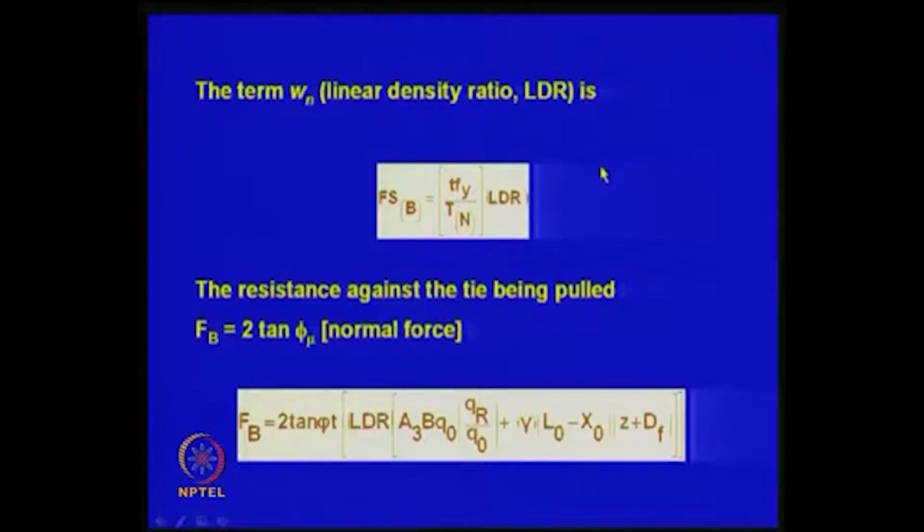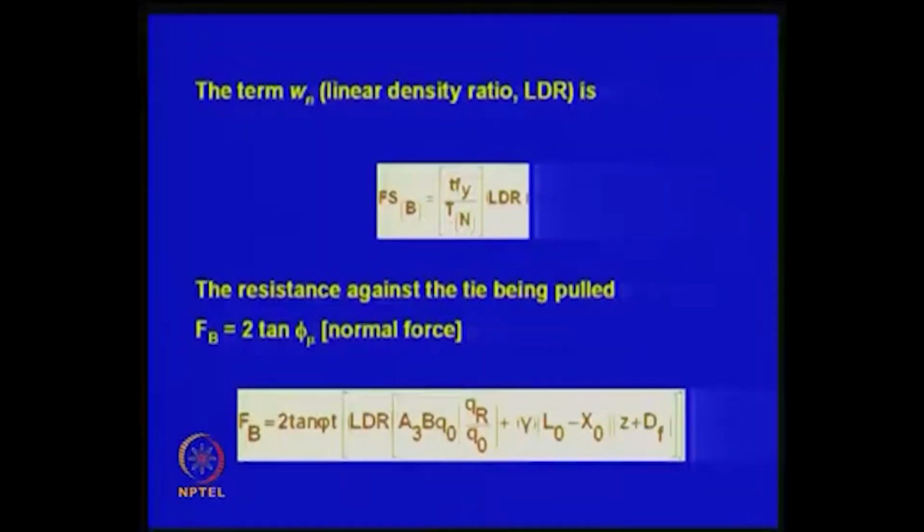Like for example, if I say 50%, 50% means instead of 1 meter area there are 50% tension members present. If it is fully occupied, we say linear density ratio is 100%, or if you have tension members in 1 meter and there are only 2 or 3 rods, calculate the diameter of each rod.